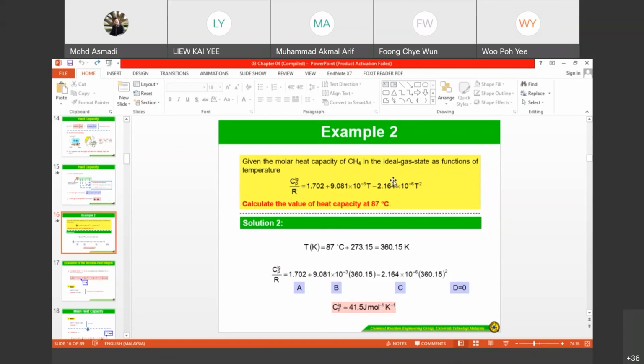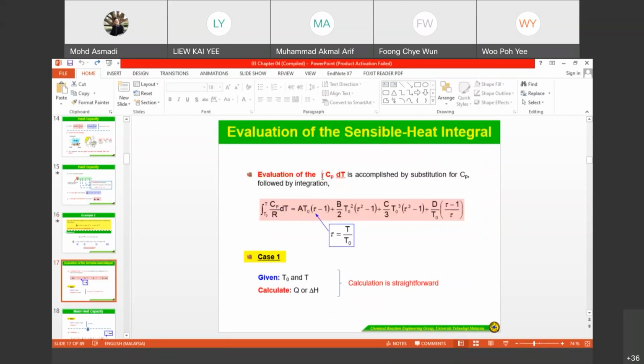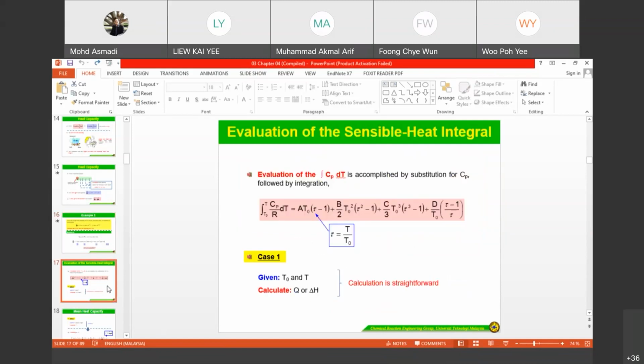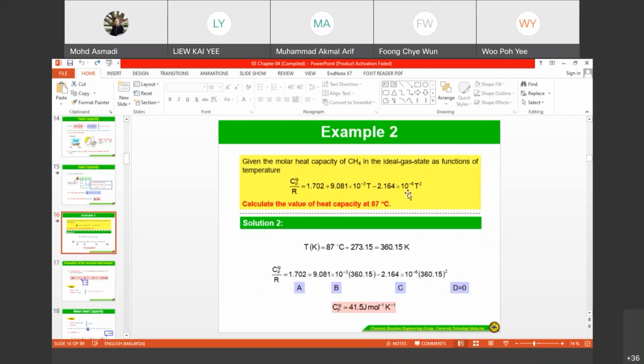There's a range of temperature, but if we go beyond that, you have to use this one. The old book doesn't state the temperature. As I told you, this one is for a wide range of temperature, like 500 or something. For me, I would suggest if the temperature is high, like 100, you just use this one rather than the other, because this is only for the ideal gas.